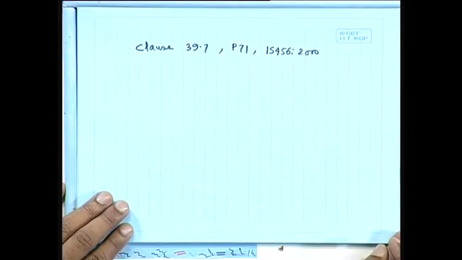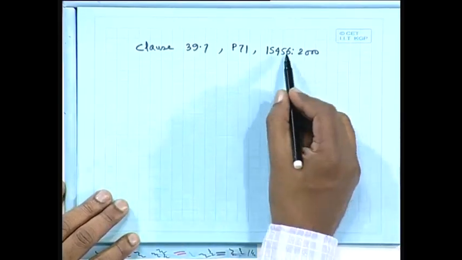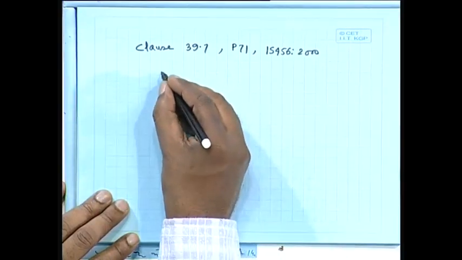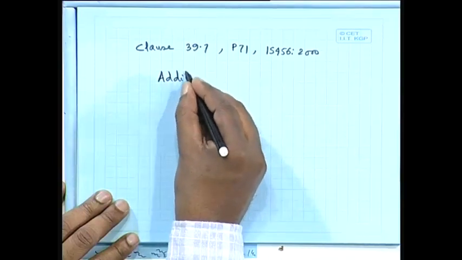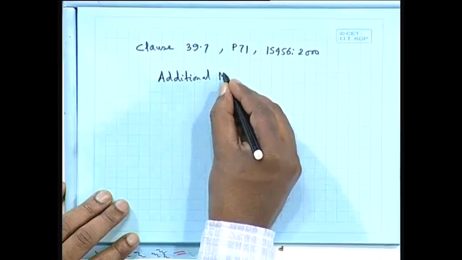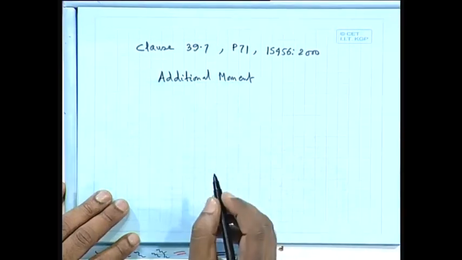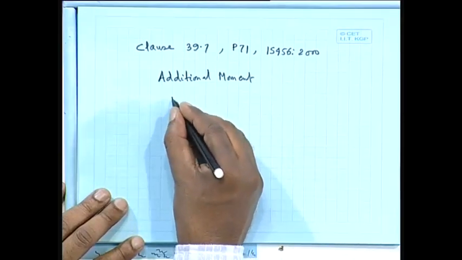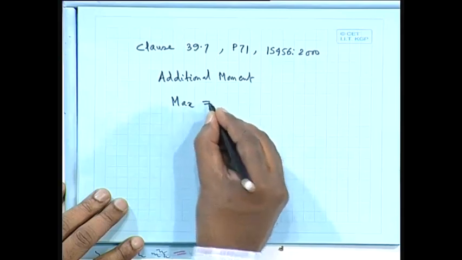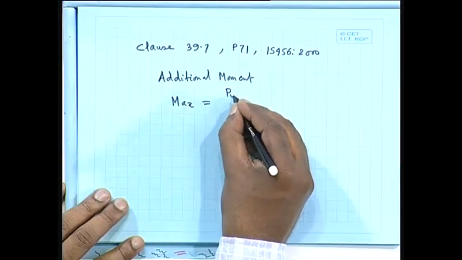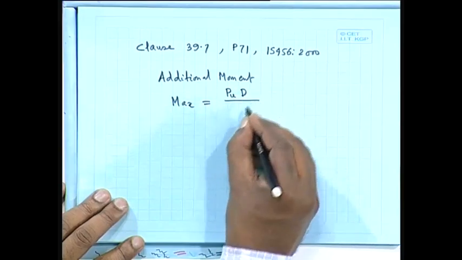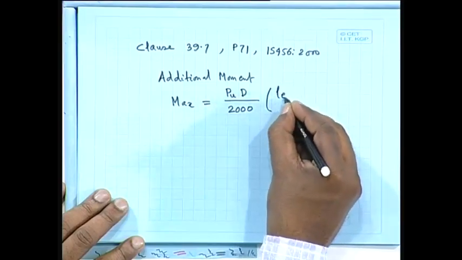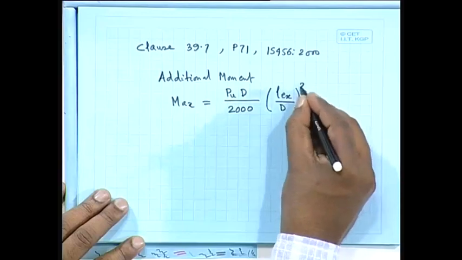So in this case, IS 456/2000 says that there is an additional moment. So we shall take the additional moment, and those are, let us say, MAX will be equal to PU D divided by 2000 multiplied by LEX by D whole square.